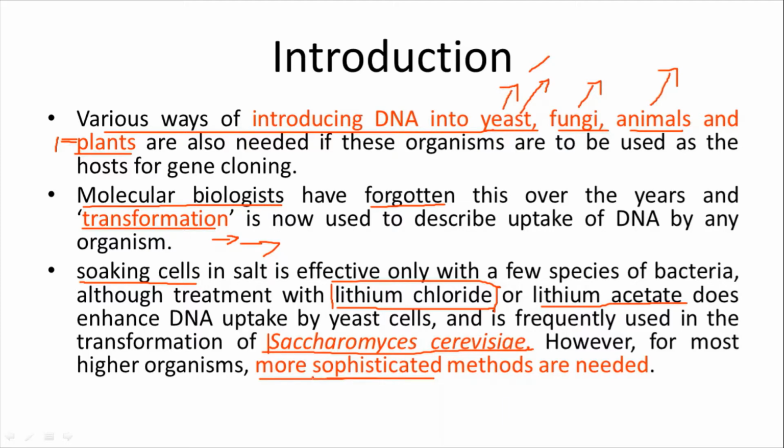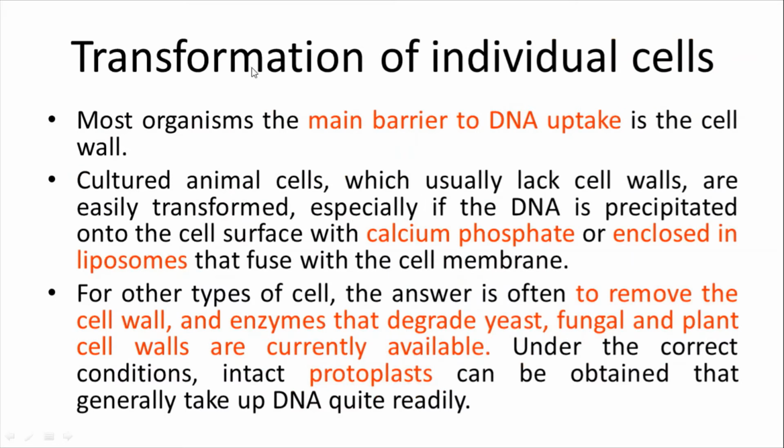Now, transformation of the gene or recombinant molecule into the individual cell. The previous transformation, conjugation, and transduction transfer the DNA into a number of cells at the same time.